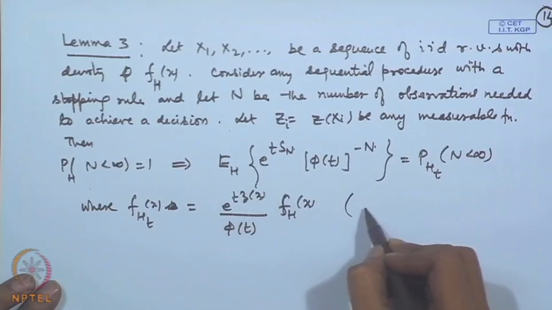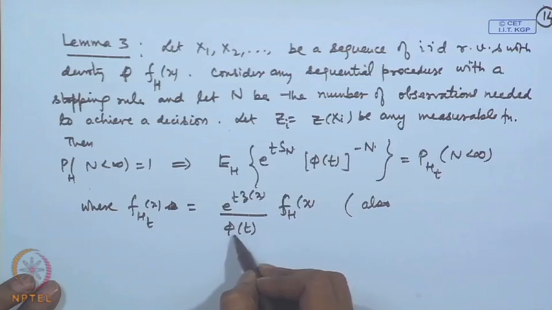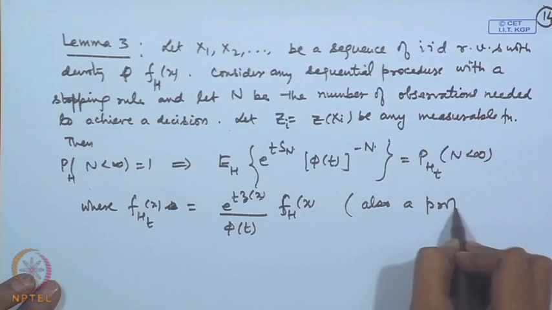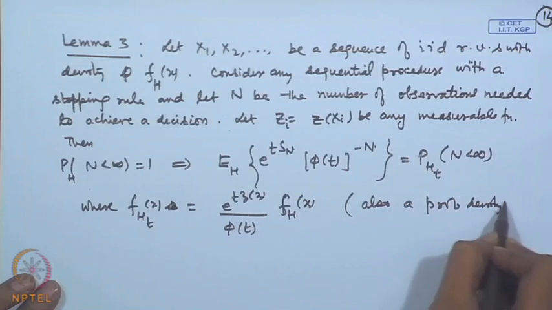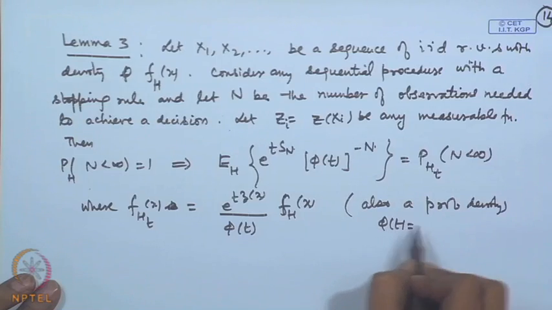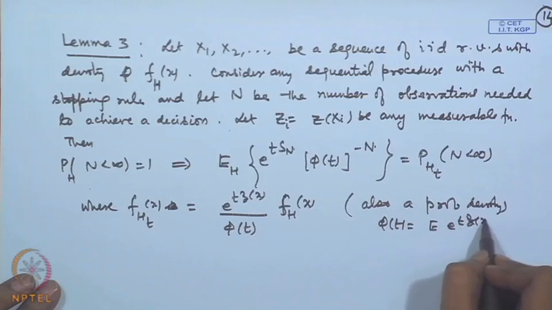This is also a probability density, because if you integrate, then in the numerator you will get phi t and the denominator also is phi t. This phi t function is expectation of e to the power t z x.